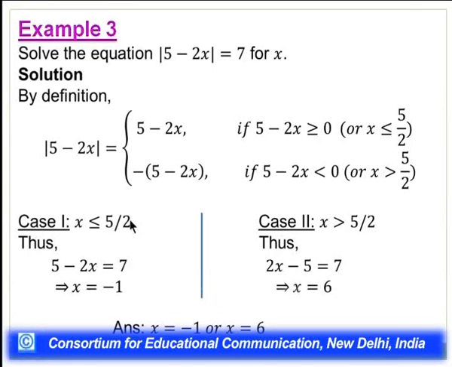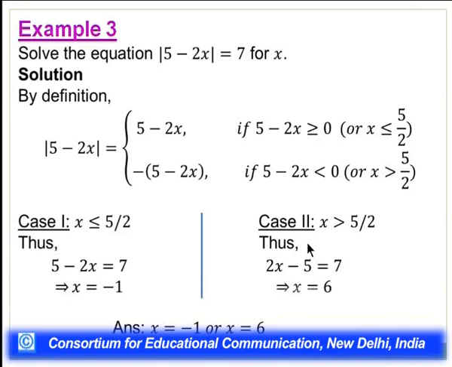In that case, the absolute value of 5 minus 2x is 5 minus 2x itself, and in the original equation we substitute 5 minus 2x and put that equal to 7. Solving this equation, if I take 2x to the right hand side, I get 5 minus 7 on the left hand side. So solving for x, I get x equal to minus 1.